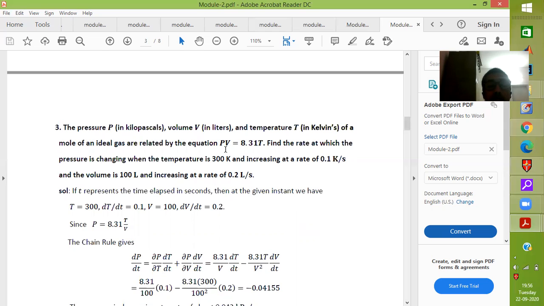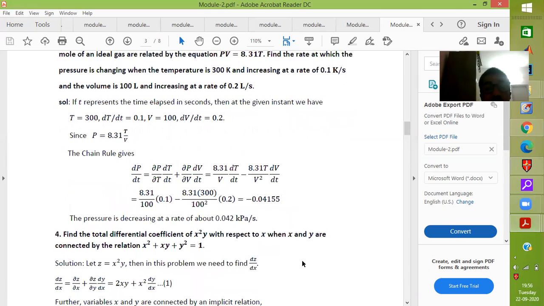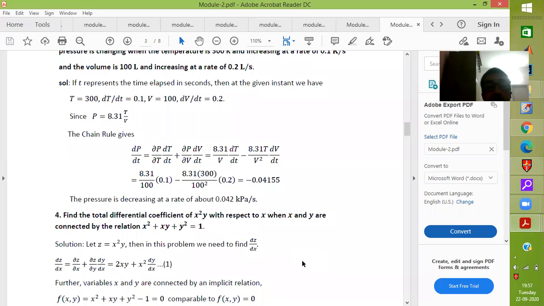So you can take P as a function of T and V, and then you just take the total derivative of P with respect to T using the chain rule, plug in the values, and you get the pressure change as 0.042 kilopascals per second.